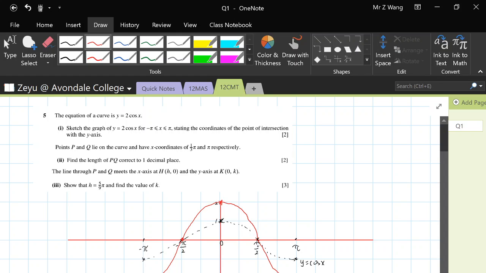Stating the coordinates of the point of intersection with the y-axis, we need to label it carefully. So this is (0, 2).